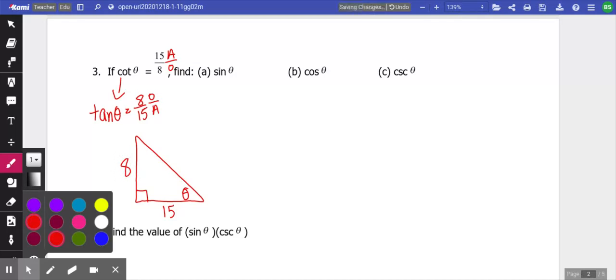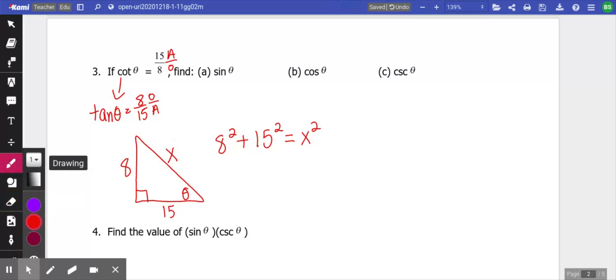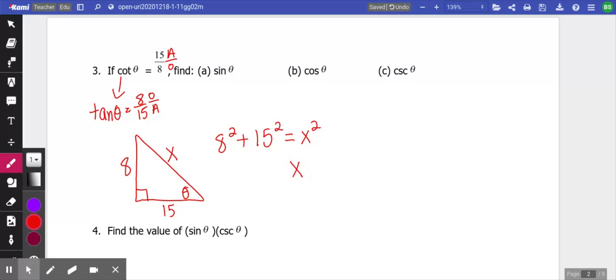So go ahead, find out what the hypotenuse is using a squared plus b squared equals c squared. Oh, not x squared, x. All right, you should get that x is equal to 17 when you solve this. The hypotenuse is 17.